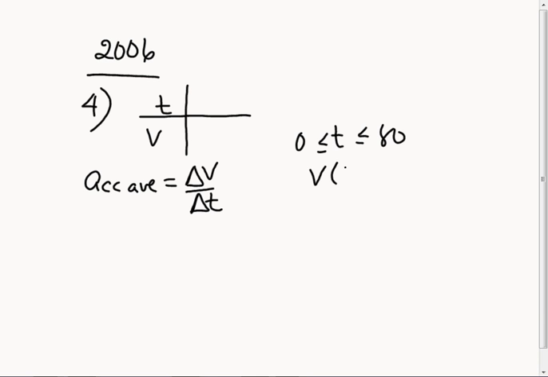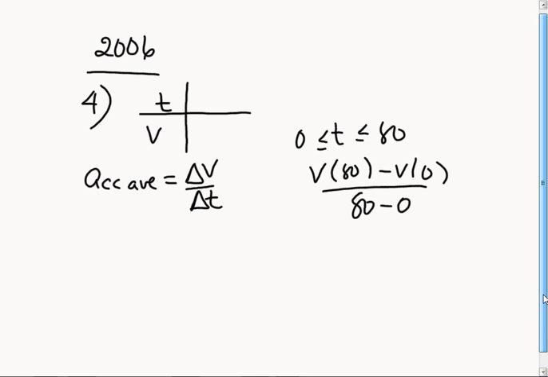So it's going to be v of 80 minus v of 0 over 80 minus 0. I'll read it out of the table. It's an average rate of change. It's nothing more than slope. 3 questions so far now have had just plain slope on them.